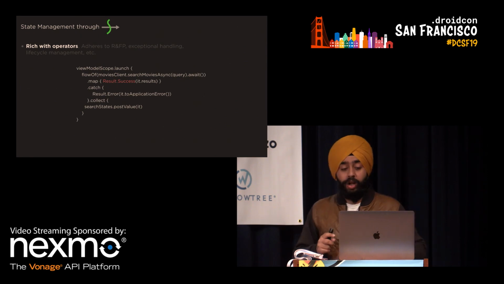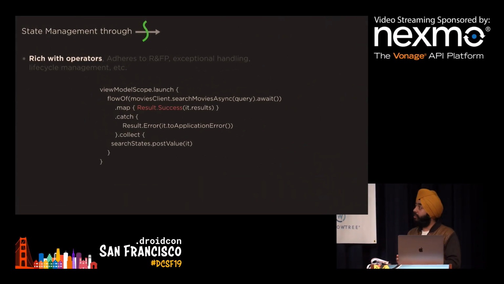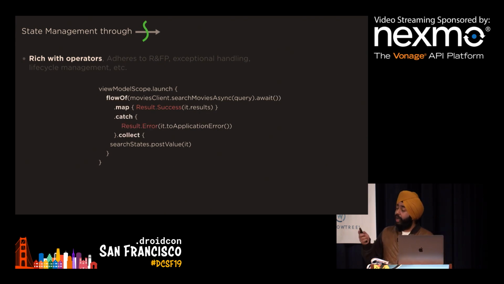It has all kinds of stuff that RxJava holds. It is rich with operators. It is adhering to RNFP. So you have a flow builder similar to the observable builders. You have map here also. You have catch also, which is basically the substitute for onErrorReturn.